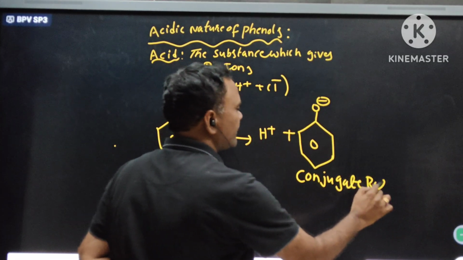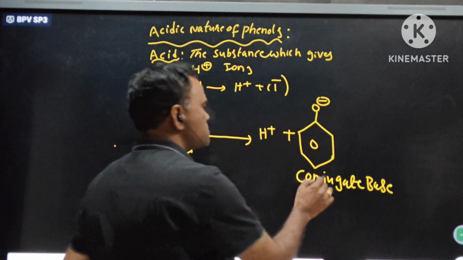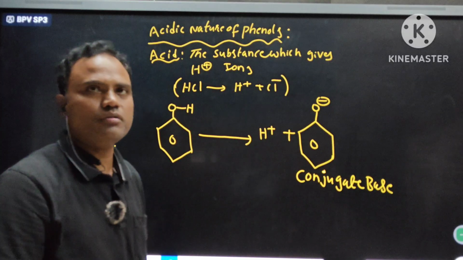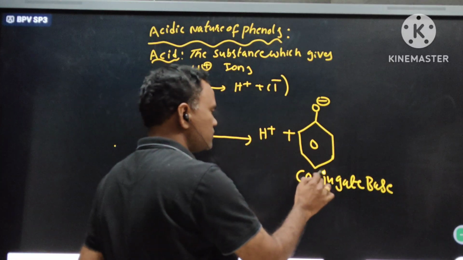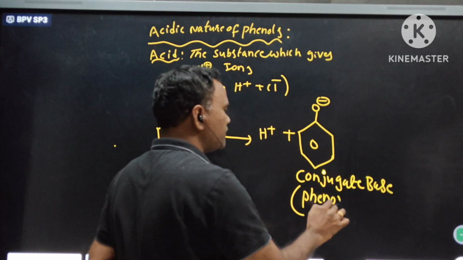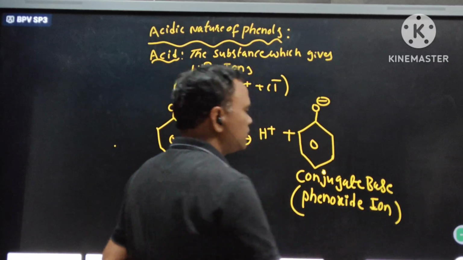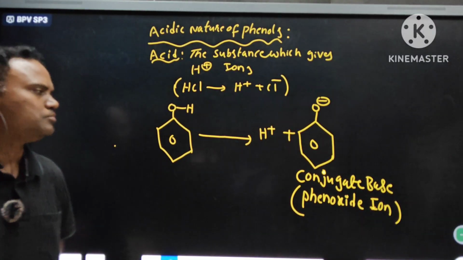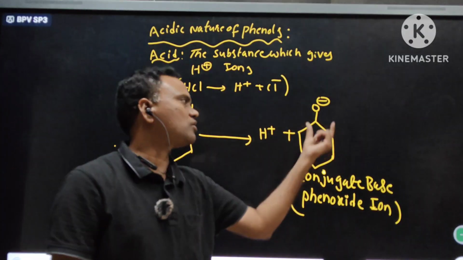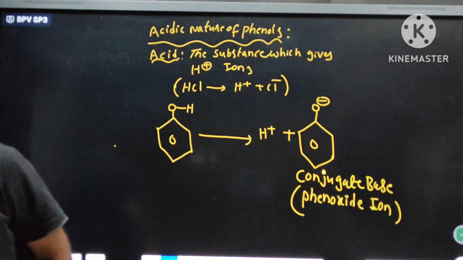If you do not have an idea about conjugate base, see the Bronsted-Lowry theory, the conjugate base concept, in ionic equilibrium, a first year topic. The conjugate base has another name: phenoxide ion. A particular name is there for this conjugate base. What is its name? Phenoxide ion. Okay.